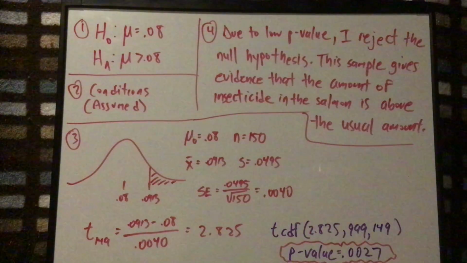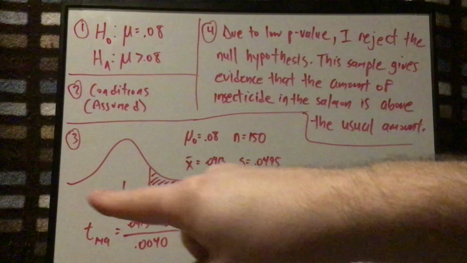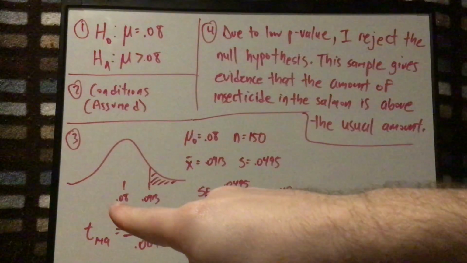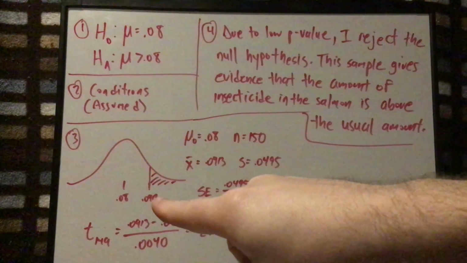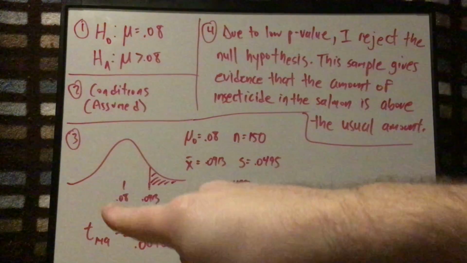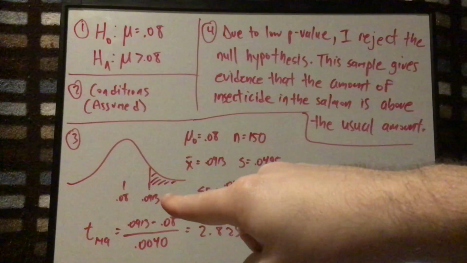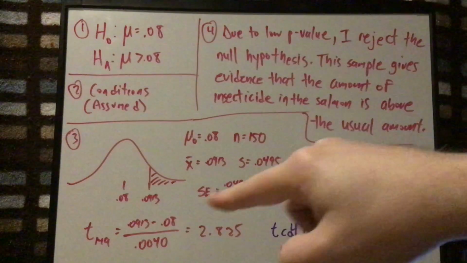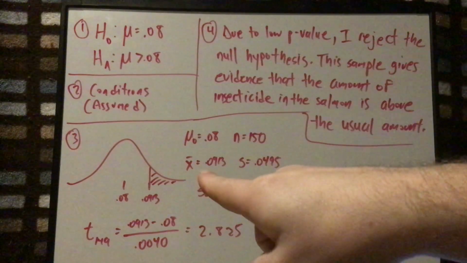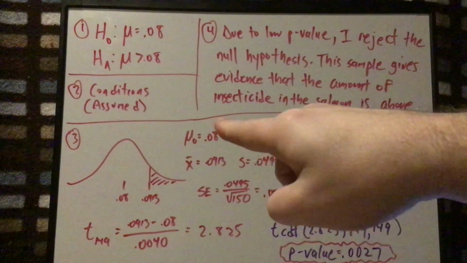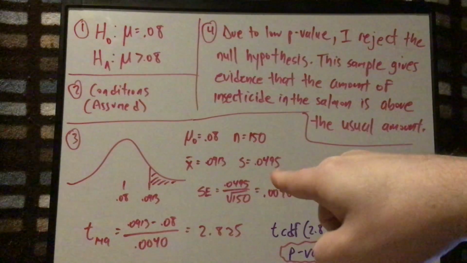So how am I going to get my t-score? Well, basically, this t-distribution, that's its mean, that's the sample. If I assume that these guys are following the rules, and this is the amount of insecticide in there, how often am I going to come out with a sample like this? Well, there's my n, there's my sample mean, which is greater than my hypothesized mean, and there's the sample standard deviation.